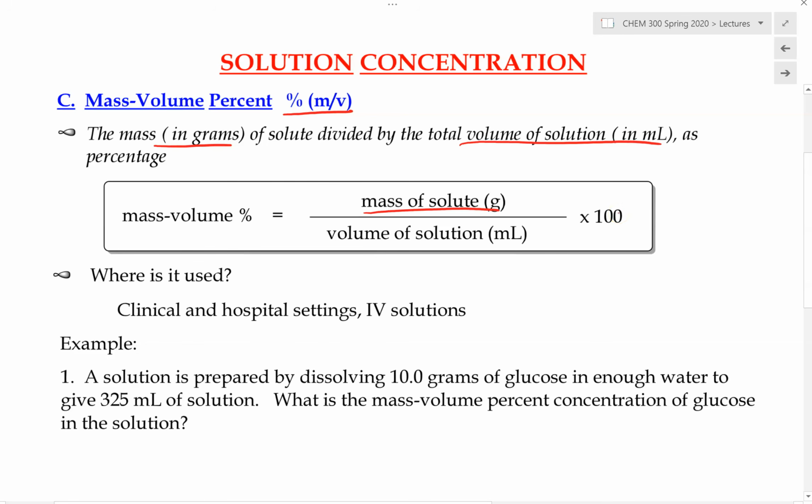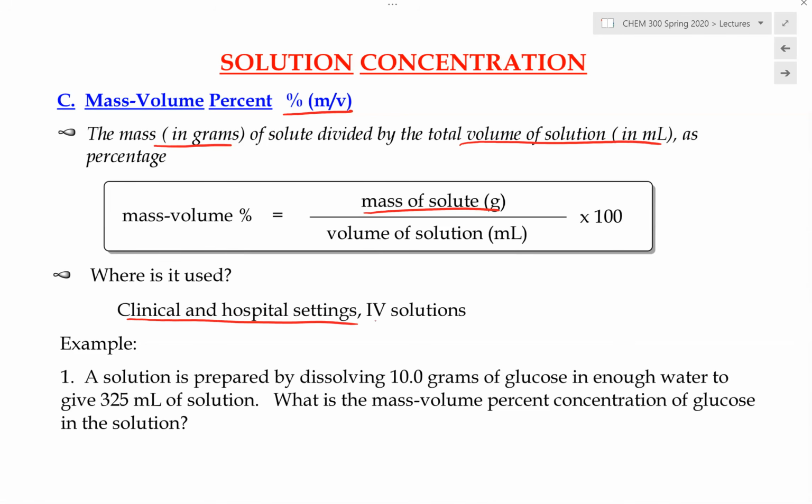So where do we use this type of unit right here? And the answer is, in many clinical and hospital settings, such as IV solutions. So if you have had an IV solution before, then the concentration of the IV solution is reported in this type of unit right here. So this is the type of unit we would use whenever we have a solute that is solid, and we dissolve that in a solution.